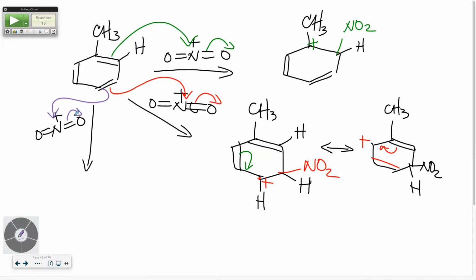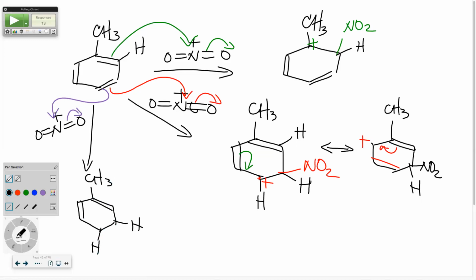Okay, so let's put it on the para spot now. Now, this is the purple route, which is always the best route. Okay, so I'm going to put my nitro on here in the para spot. Which carbon is now plus?